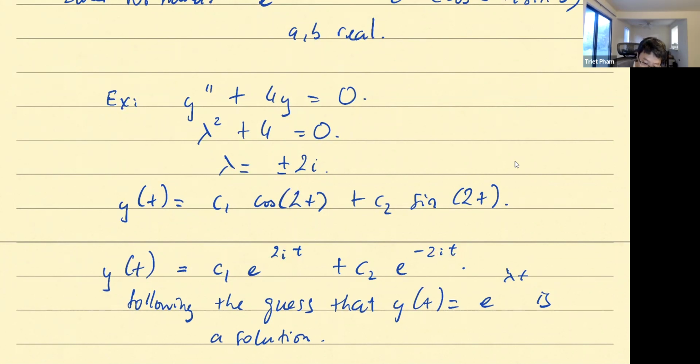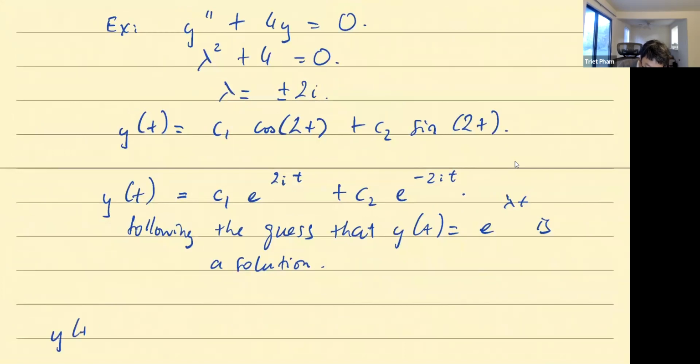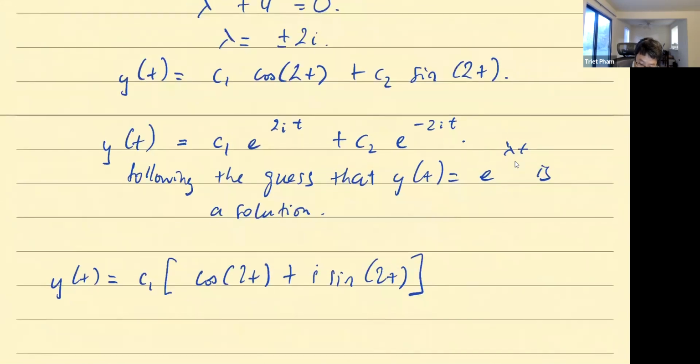Now if you trace it with Euler's formula, you get something messy like c1 times cosine of 2t plus i sine of 2t, and then plus c2 times cosine of minus 2t plus i sine of minus 2t.